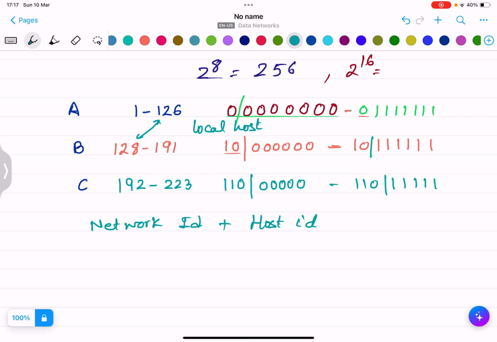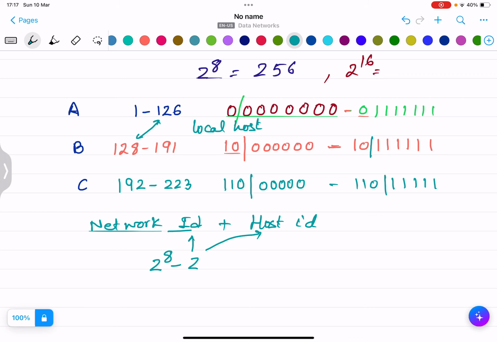So the network ID is basically the IP address to which your host is connected, through which it is requesting and receiving information. So for every class, when we calculate the number of hosts, it is 2 raised to the power 8 minus 2, because one of them is used for network ID and another one is used for host ID.